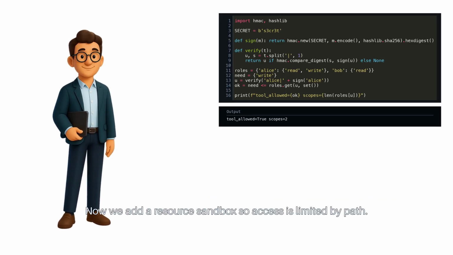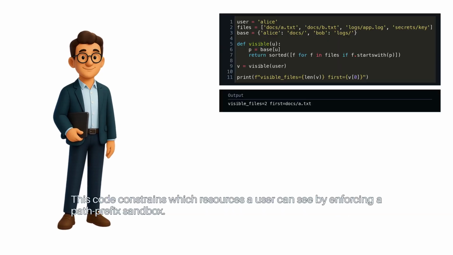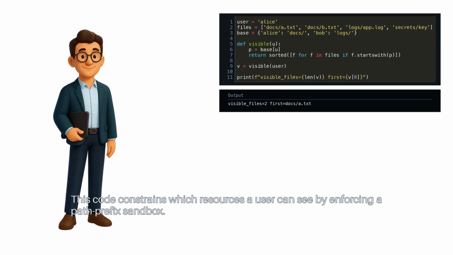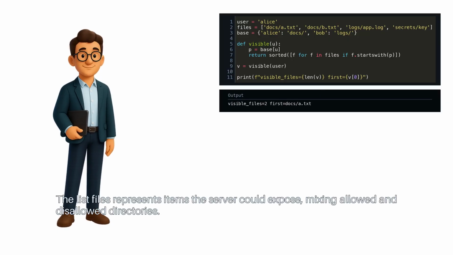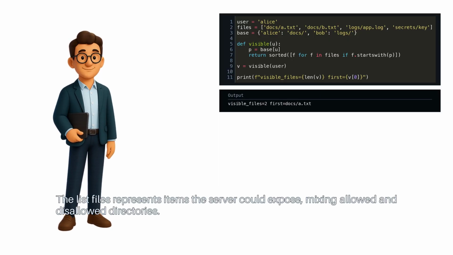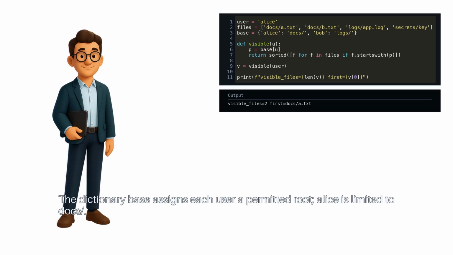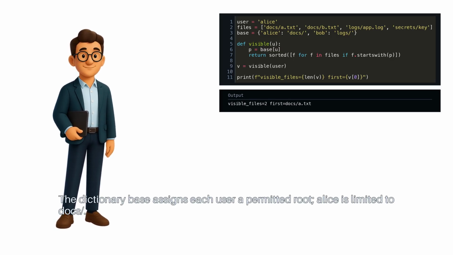Now we add a resource sandbox, so access is limited by path. This code constrains which resources a user can see by enforcing a path-prefix sandbox. The list files represents items the server could expose, mixing allowed and disallowed directories. The dictionary base assigns each user a permitted root. Alice is limited to docs/.